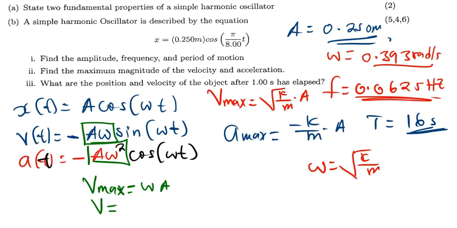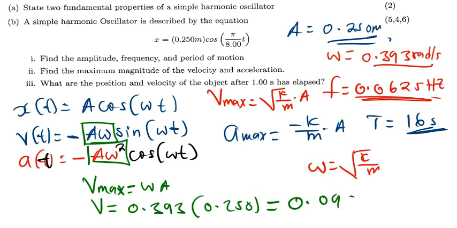Now the question is find the magnitude. I'm not interested in the negative. The w we found is 0.393, the amplitude is 0.250, so the velocity will be 0.393 times 0.250, which is 0.0983 meters per second.